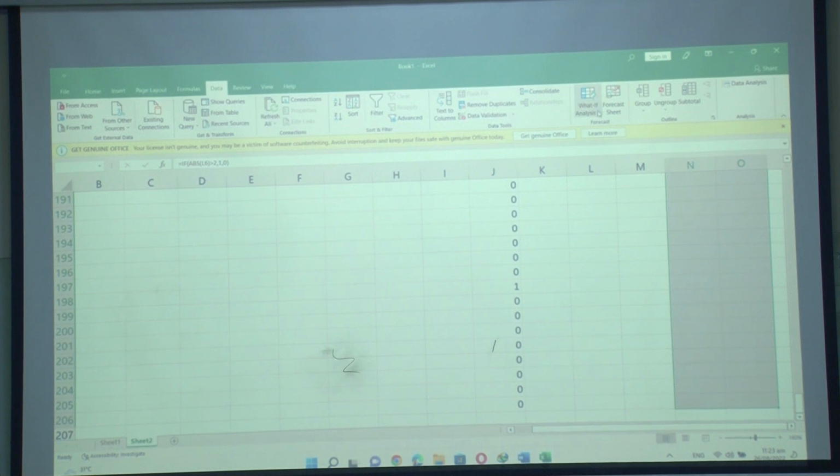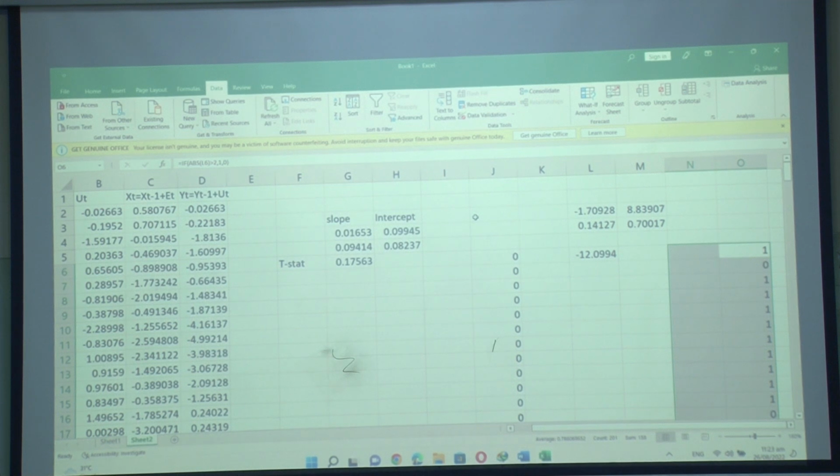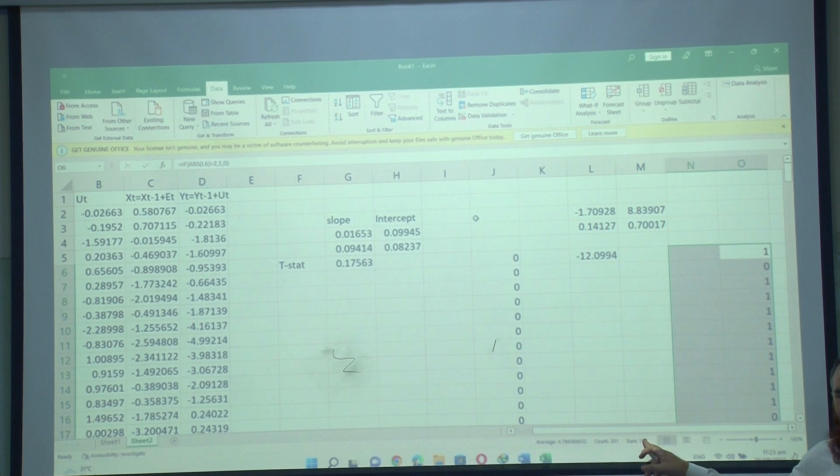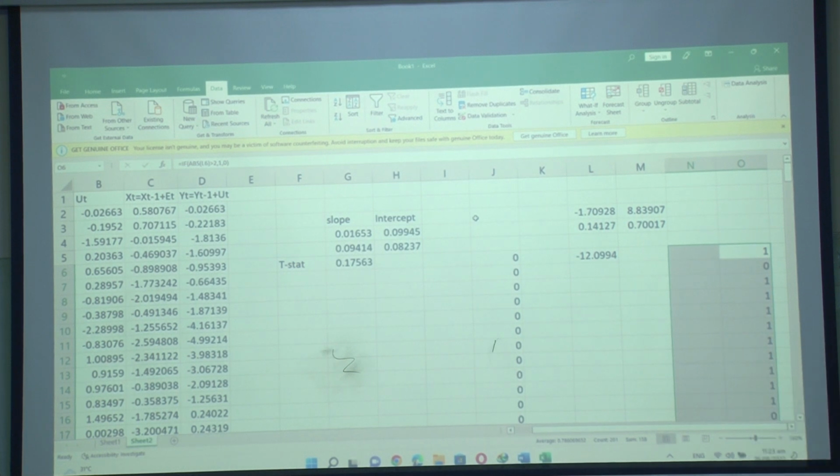Go to what if analysis, data table, column input cell, and this is to be put here. What is the sum? 158. We have generated the data in front of me, and I know that x and y are independent.